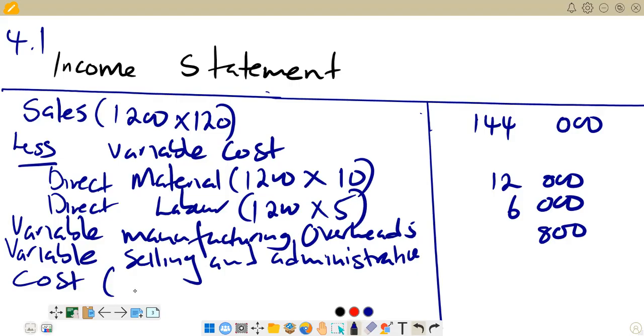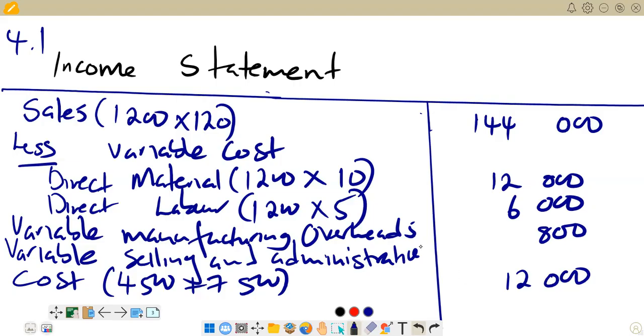And remember, what we did, we are supposed to add 4,500 for the advertising, which is the selling part, and then we add 7,500 for administrative. Then the total that we get there is 12,000. So here we have 12,000. So that's what we have there.